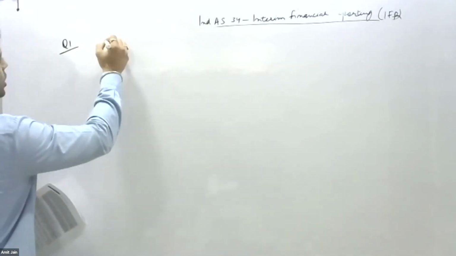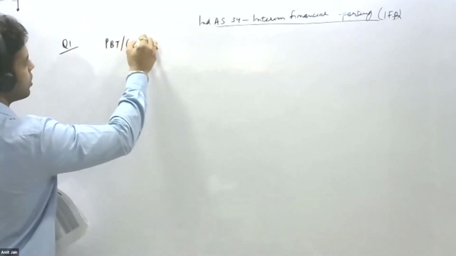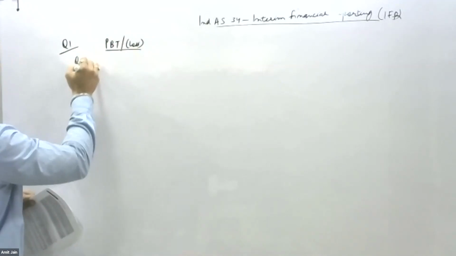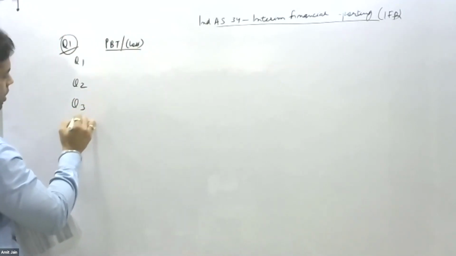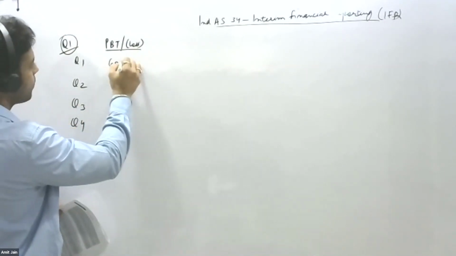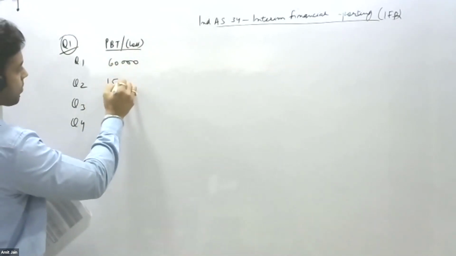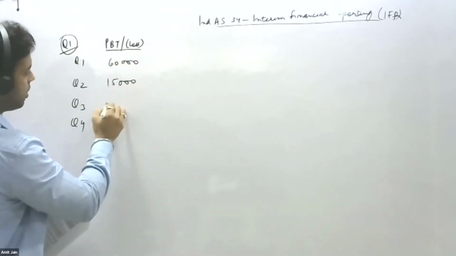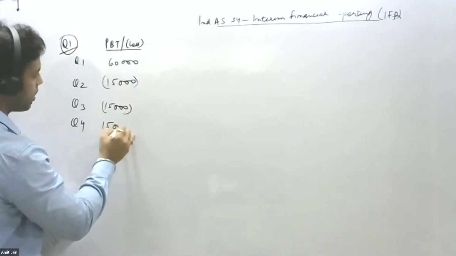So this is PBT or loss for Q1, Q2, Q3, and Q4: 60,000 in the first quarter, and 15,000 rupees as a loss in each subsequent quarter.